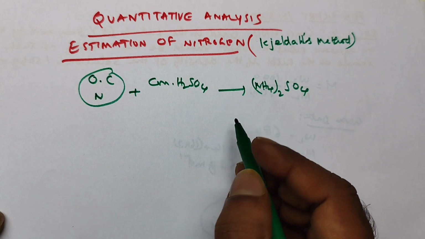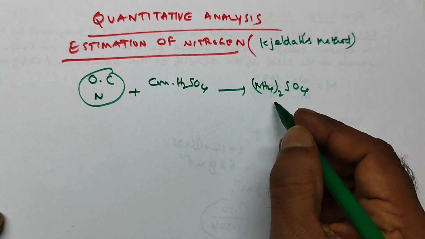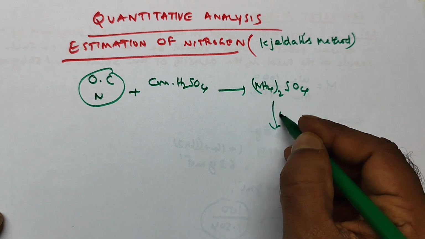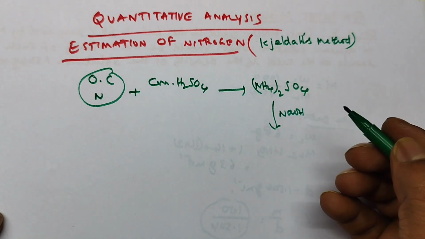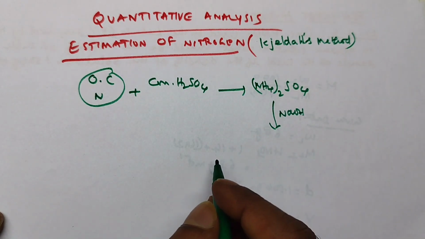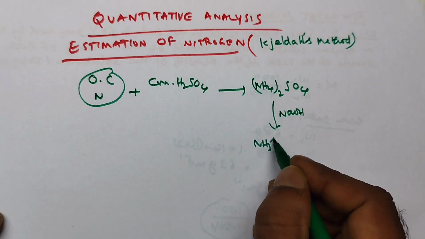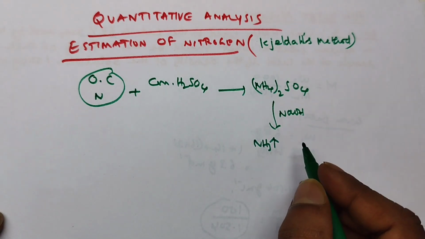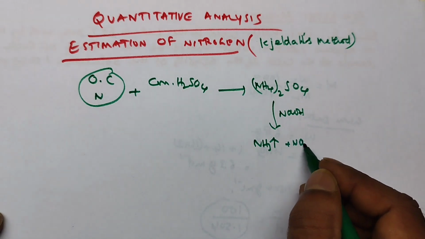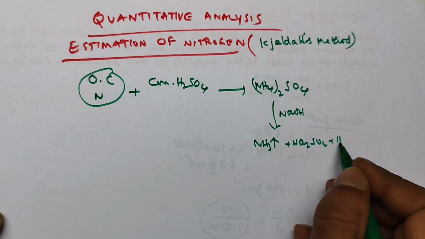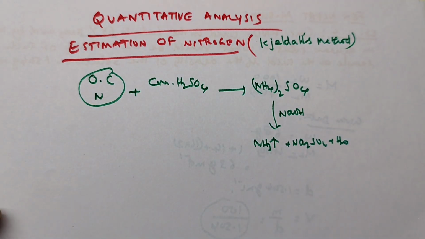That ammonium sulfate is further treated with sodium hydroxide, which produces ammonia gas along with sodium sulfate, Na2SO4, and H2O. This is not a balanced equation, we are just briefing the principle of what is happening there. So we are converting the nitrogen element into ammonia gas.